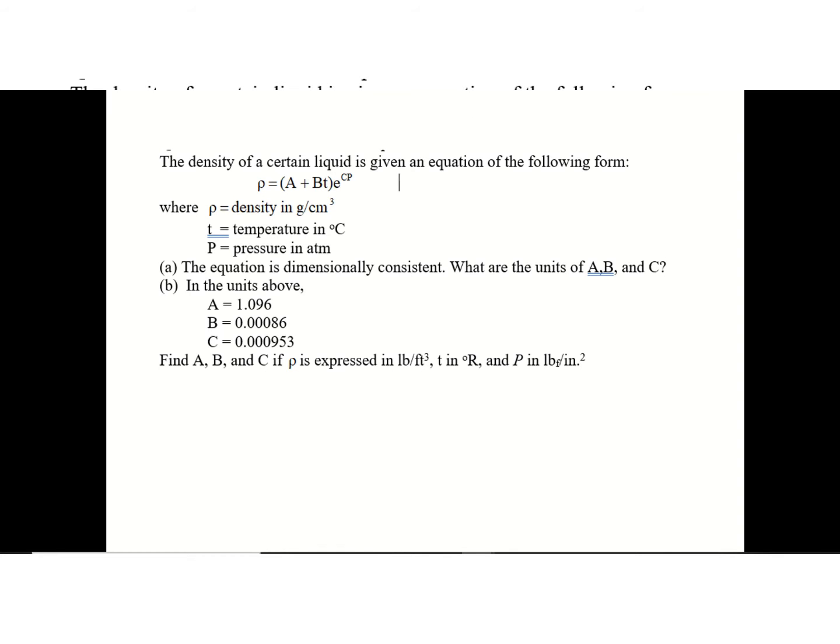What are the units of A, B, and C? Since the unit on the left-hand side is gram per cm cube, it means the unit on the right-hand side must be gram per cm cube. So it is very clear that the unit of A is going to be gram per cm cube.